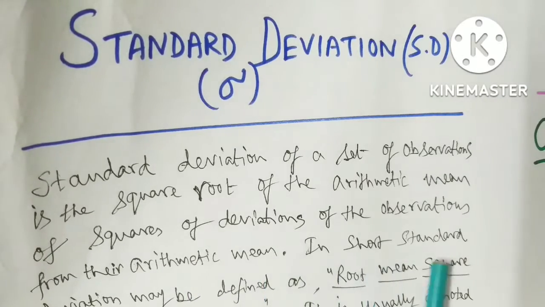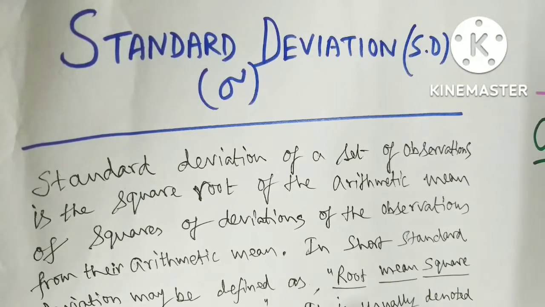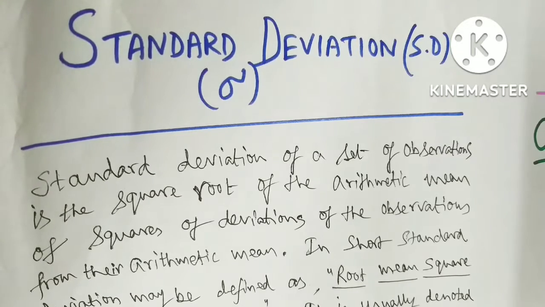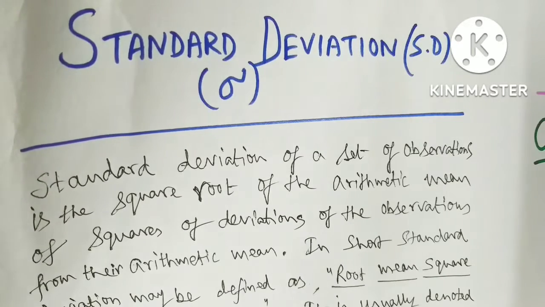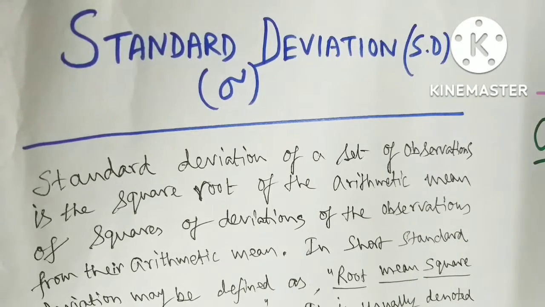In short, standard deviation may be defined as root mean square deviation from mean. It is usually denoted by the Greek small letter sigma or sometimes by small s.